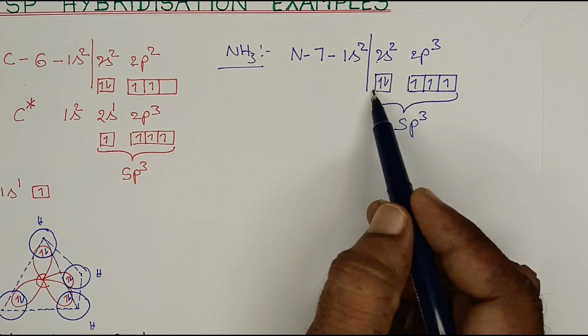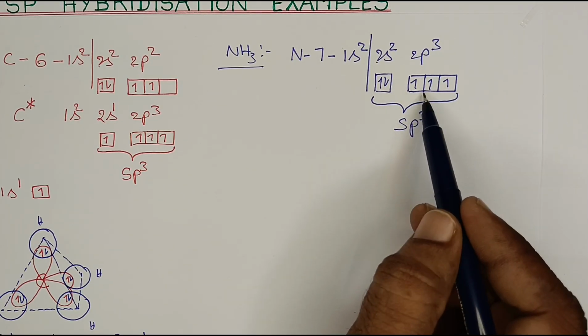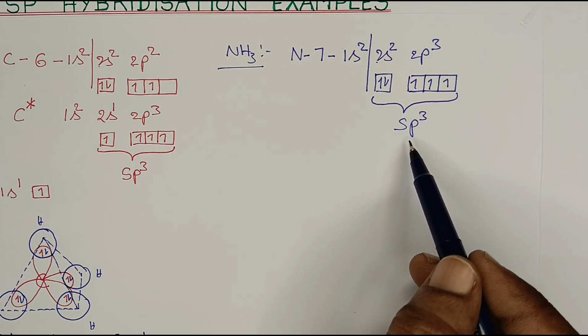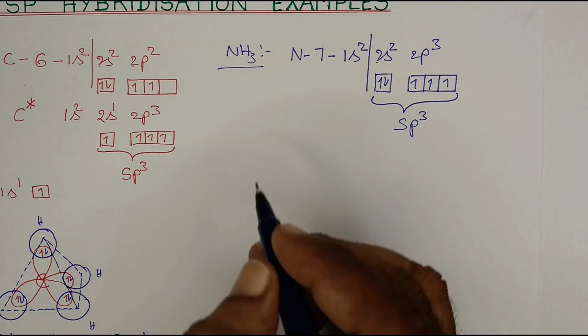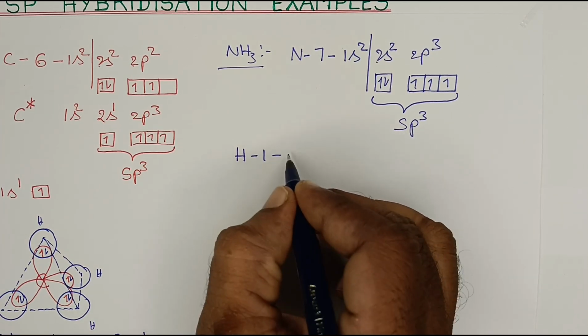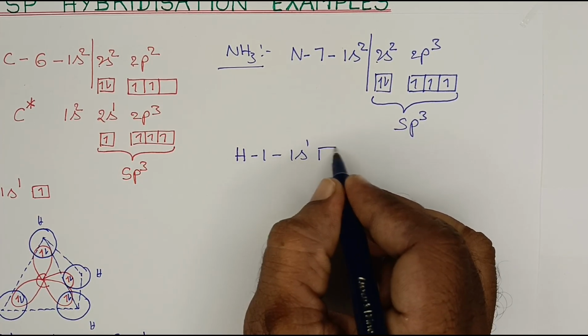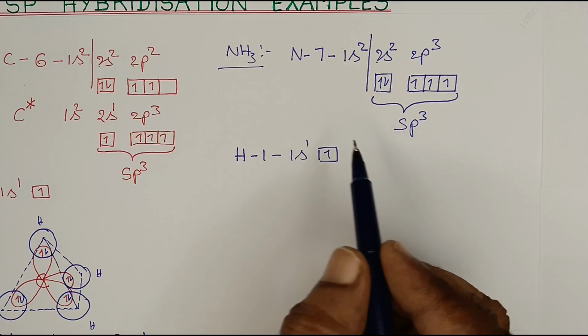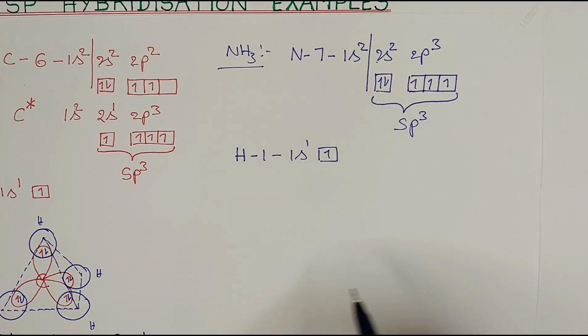So the s orbital and 3 p orbitals combine and undergo sp3 hybridization. Hydrogen's atomic number is 1, configuration is 1s1. It contains one unpaired electron in its s orbital.